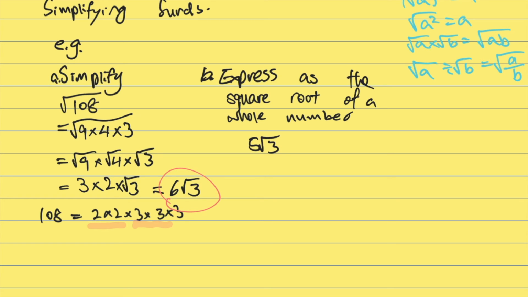Now let's look at this question. Express as the square root of a whole number. We just need to put the 5 back under the square root. We can write 5 as square root 25 times square root 3.